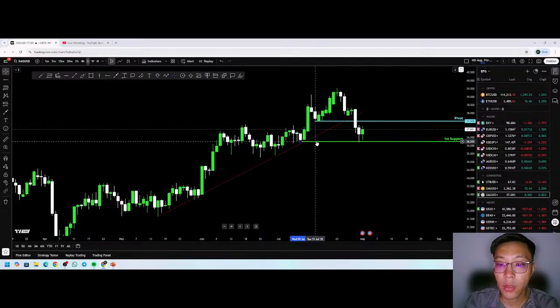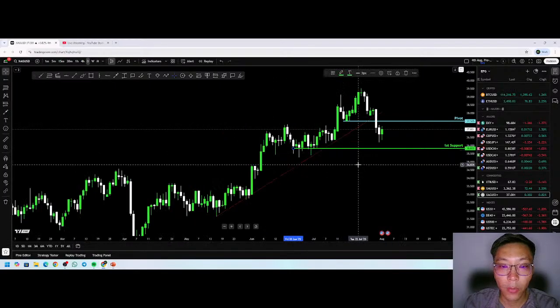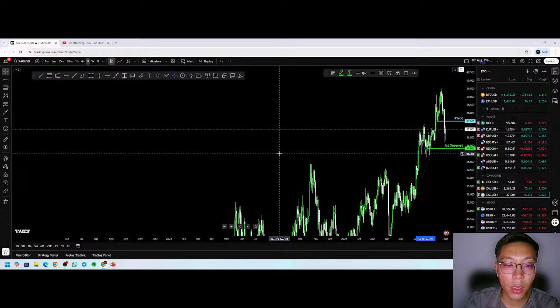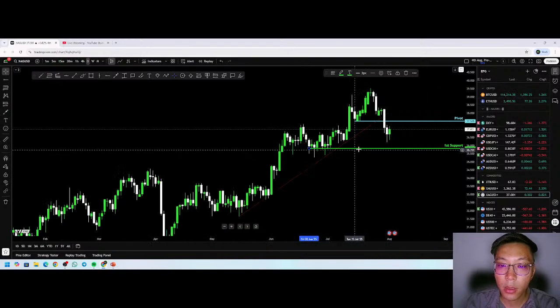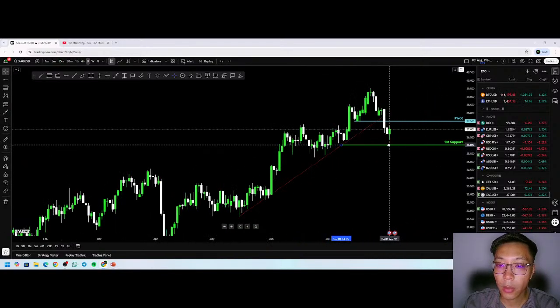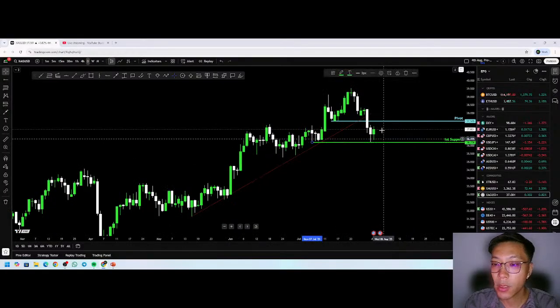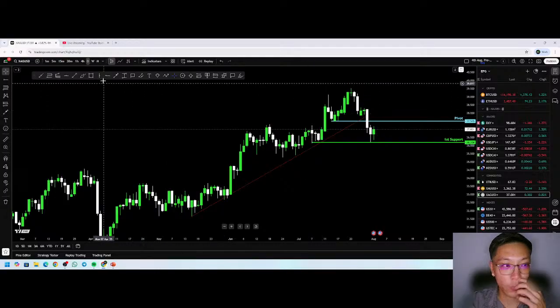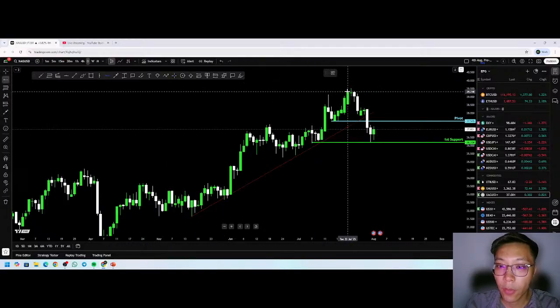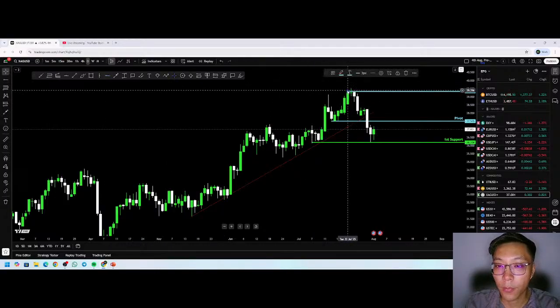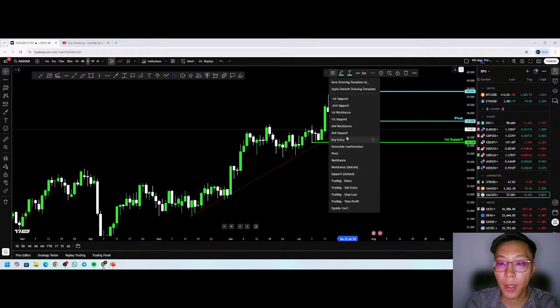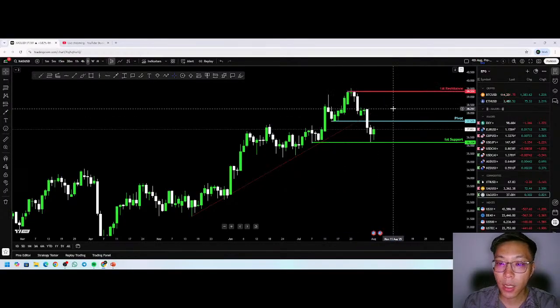Then of course we have our first support area, which is this level over here. And for our resistance, of course, is this swing high level over here. So these are the ranges.